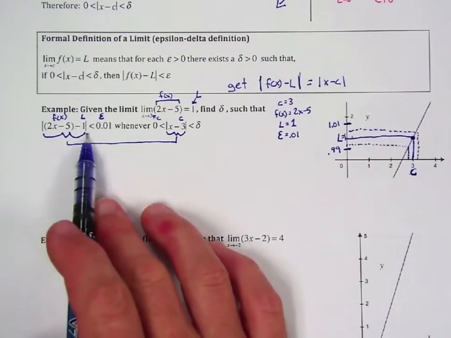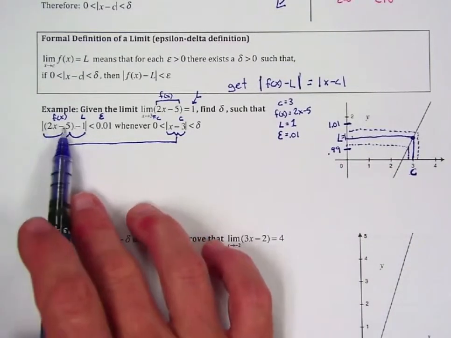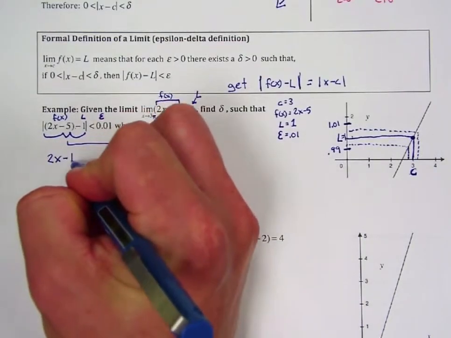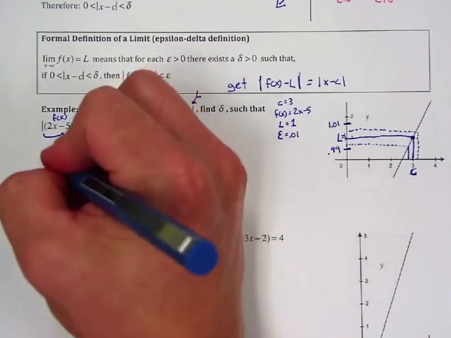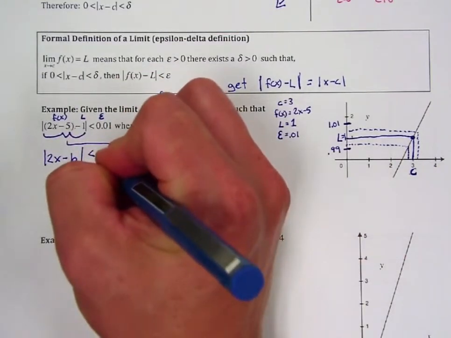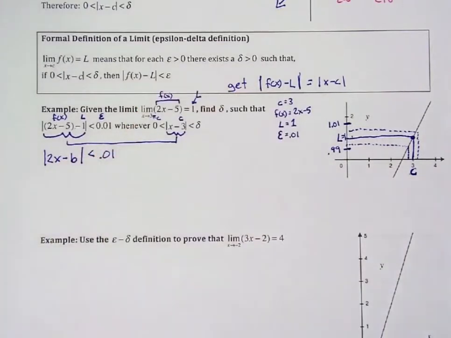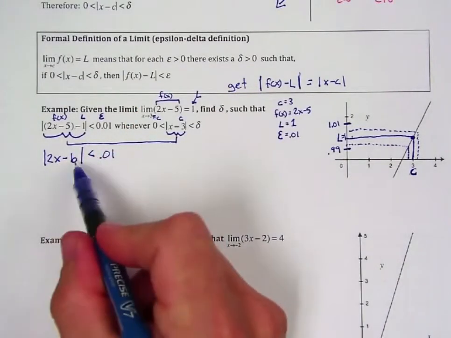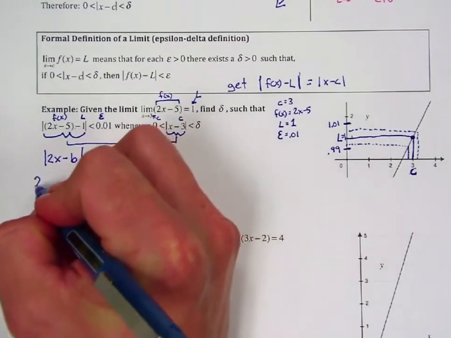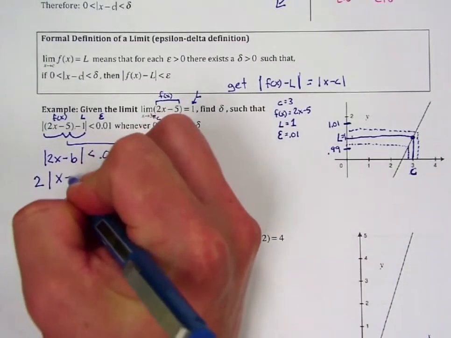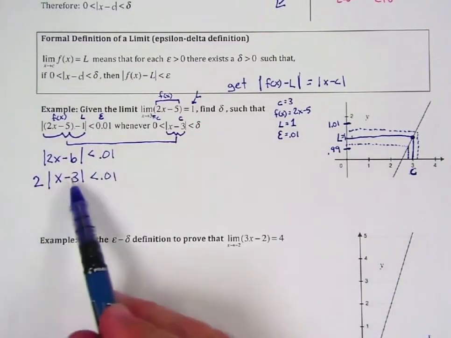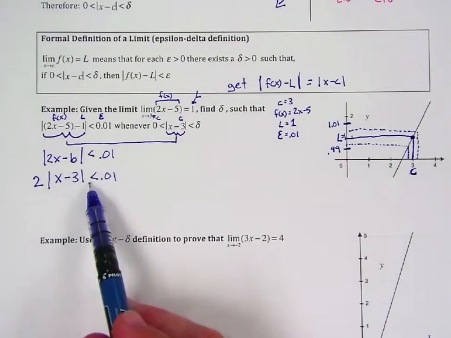Okay, so here we go. Now comes the math. So 2x minus 5 minus 1 equals 2x minus 6. That's still the absolute value, and it's still less than our epsilon 0.01. Now, with absolute value, we can factor out our constant of 2. We're left with 2 times the absolute value of x minus 3 is less than 0.01.